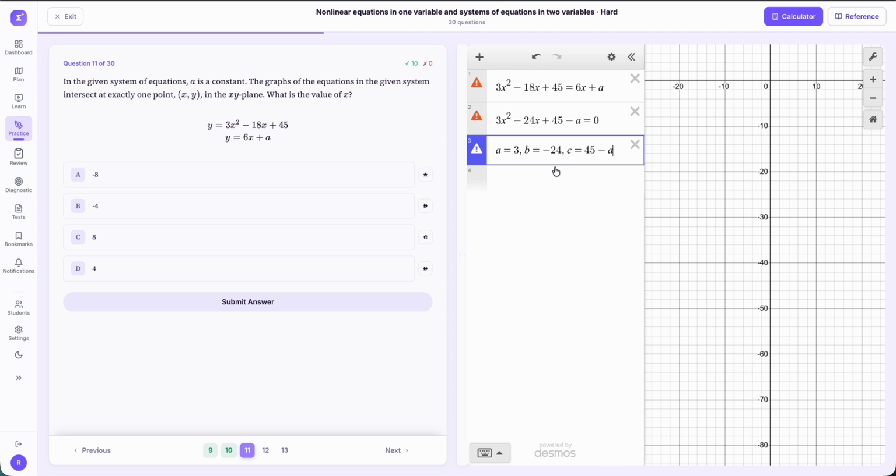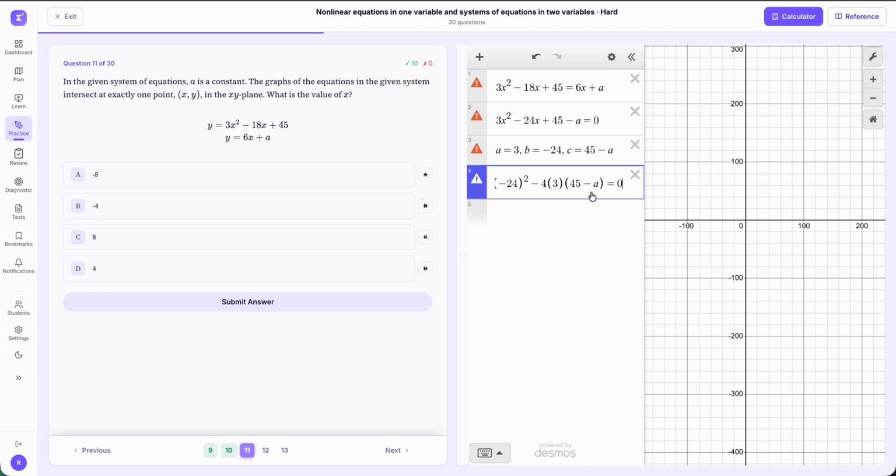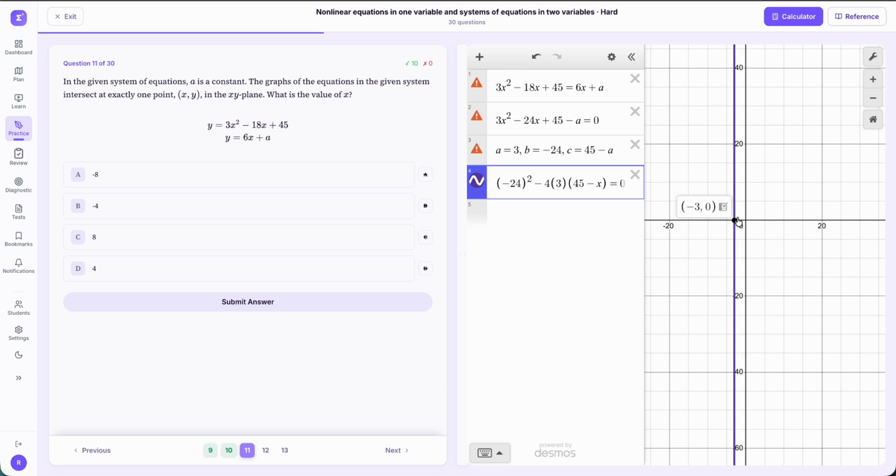So that's my a, b, c. Then I just type in my discriminant, b squared, so negative 24 squared, minus 4 times a times c, and we're going to set that equal to 0, right? And the reason we're not seeing an answer yet is your unknown in the discriminant. You always got to make it x. So there we make it x, and here's my solution.